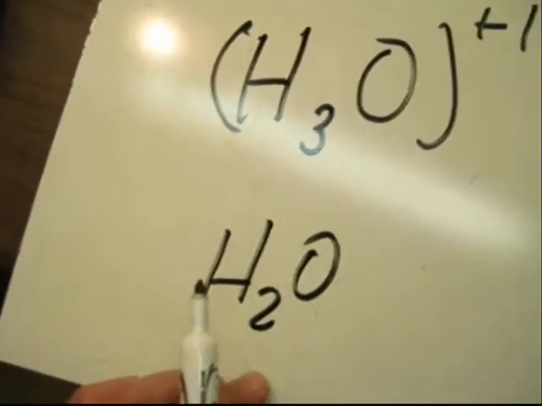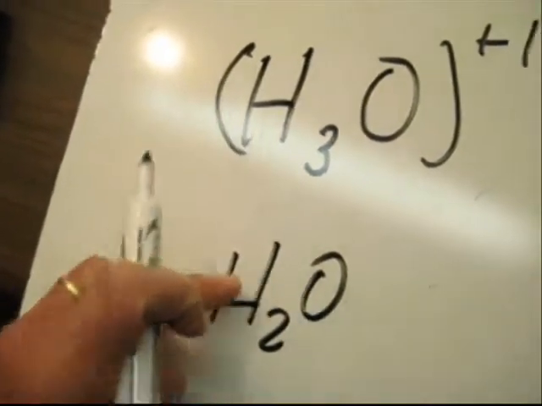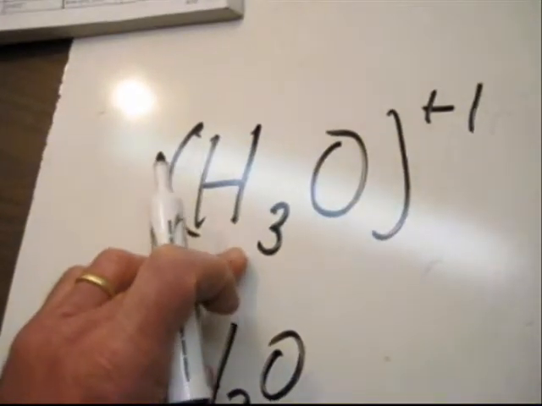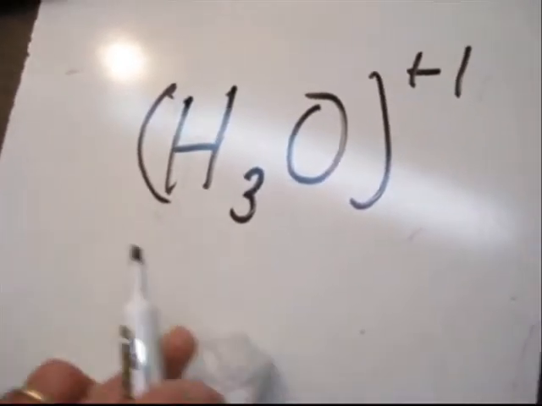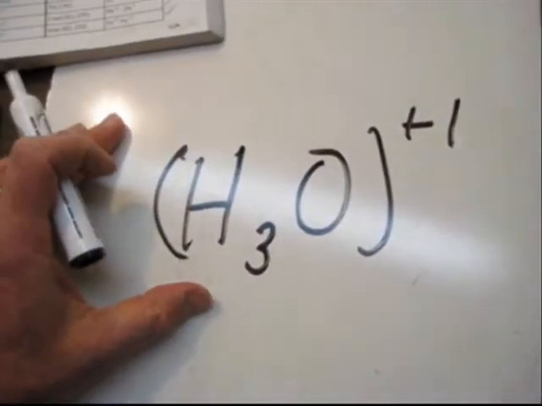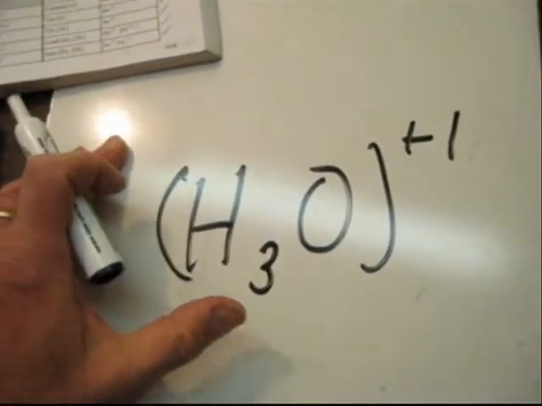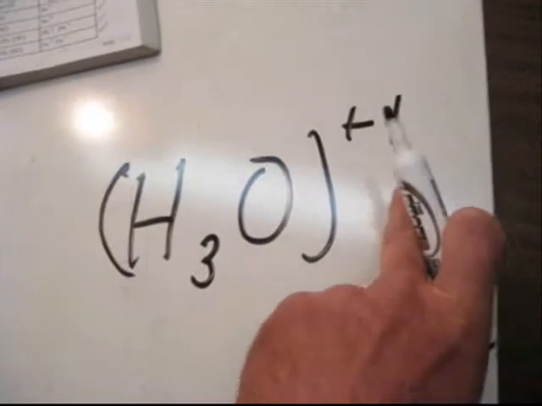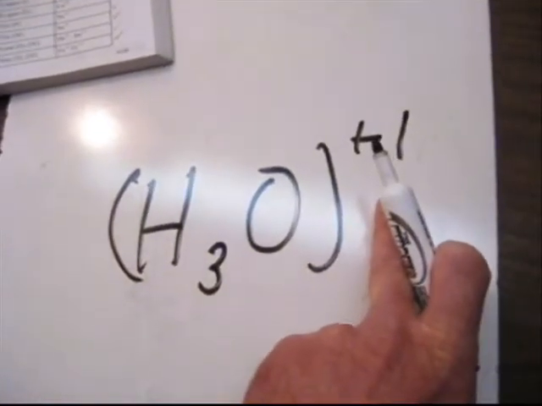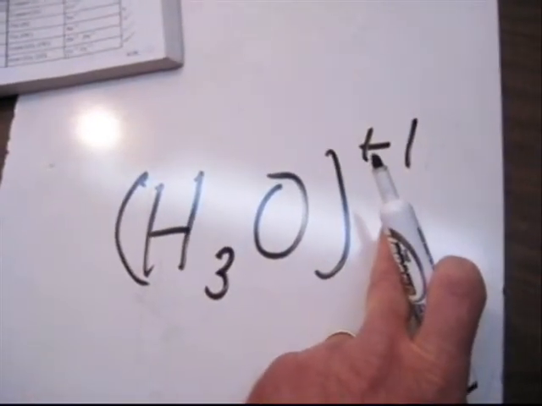We've added one more hydrogen atom here to make hydronium, which is H3O. And so the memory aid for this one is that hydronium is glorified water. It's water with an extra hydrogen. So H3O parentheses plus 1 is hydronium. Glorified water, hydronium.